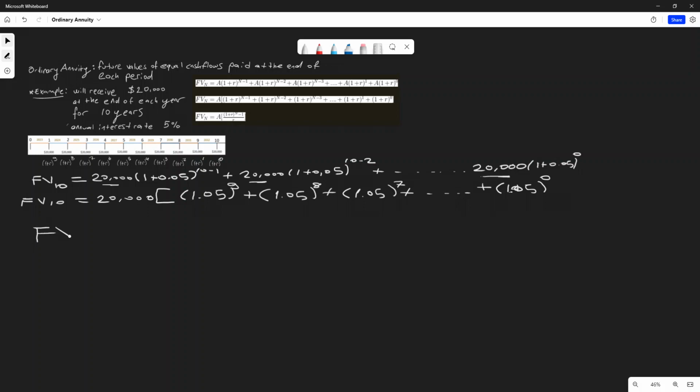FV10 is equal to $20,000, and in the parentheses we will use this future value factor, 1 plus 0.05, take the 10th power of it as the formula suggests, subtract 1 from that value and divide the entire numerator by r, and in our case r is 0.05.